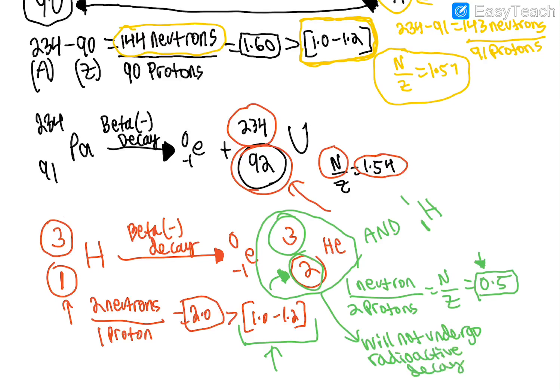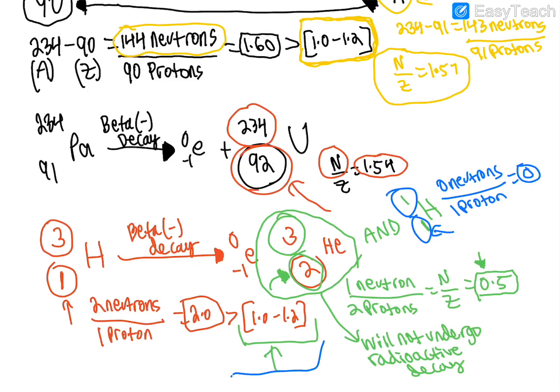And you can even test this out for protium, right? The number of neutrons protium has is mass number minus atomic number, which is 0. And then you divide that by the number of protons, which is 1, which is going to be 0. And 0 is obviously less than this range right here. But protium is still stable because it's an exception.